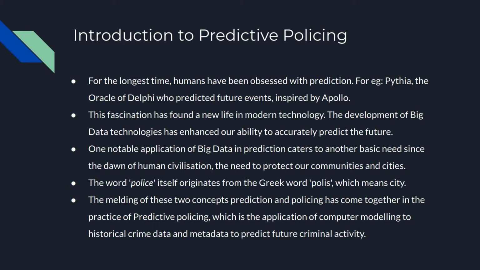One such application has been super important since the beginning of time, that is the need to protect communities and cities. The police word has actually been derived from the Greek word polis, that means city. This combination of predicting and policing has formed PredPol, which basically predicts future crimes.